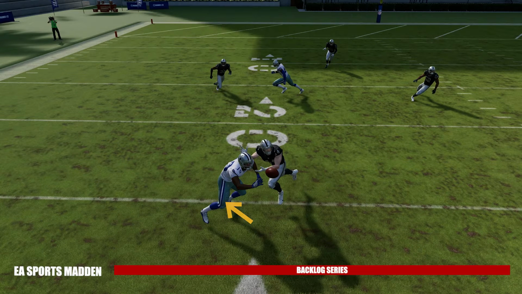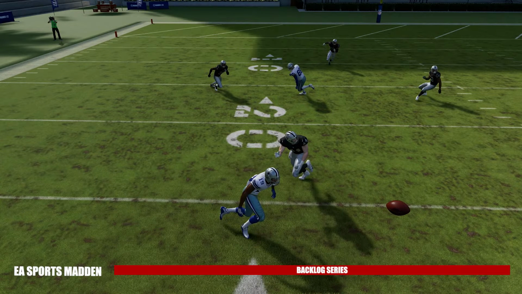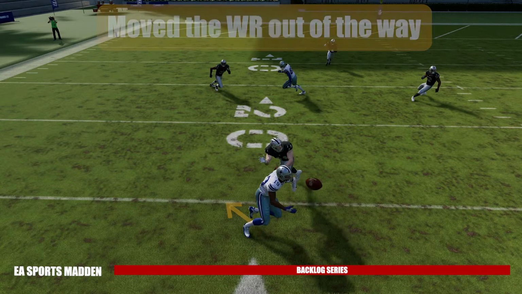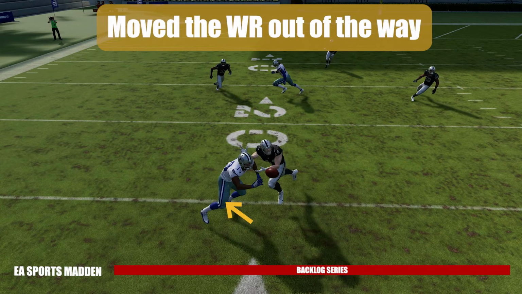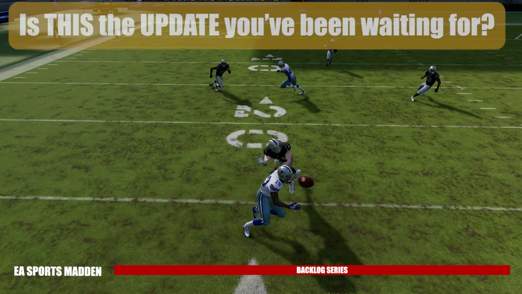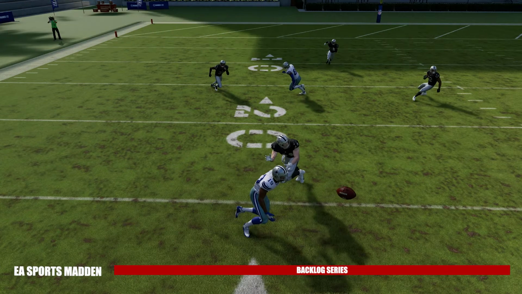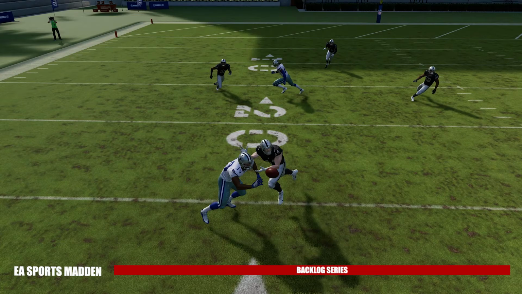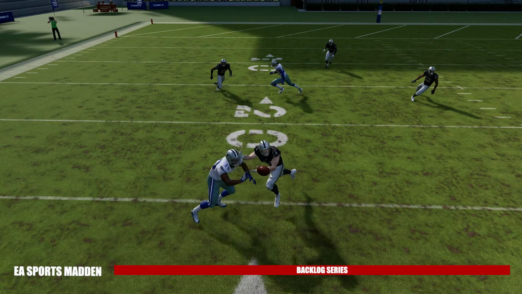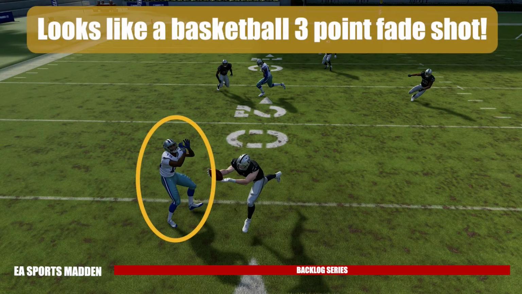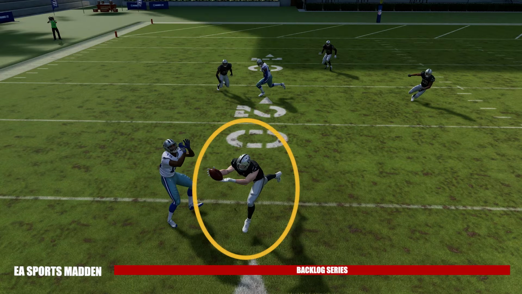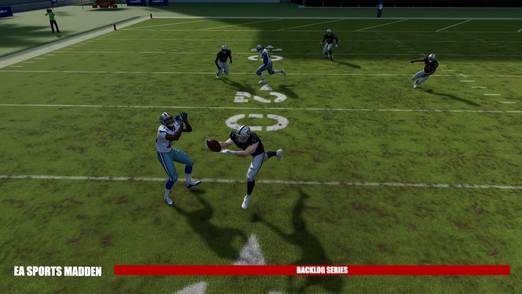Did you see that? What happened to the wide receiver? He's right here, right there. Then in the blink of an eye, he's back. He's been pushed back. And now, as if he's doing some type of fallback catch to allow the linebacker to intercept the ball.